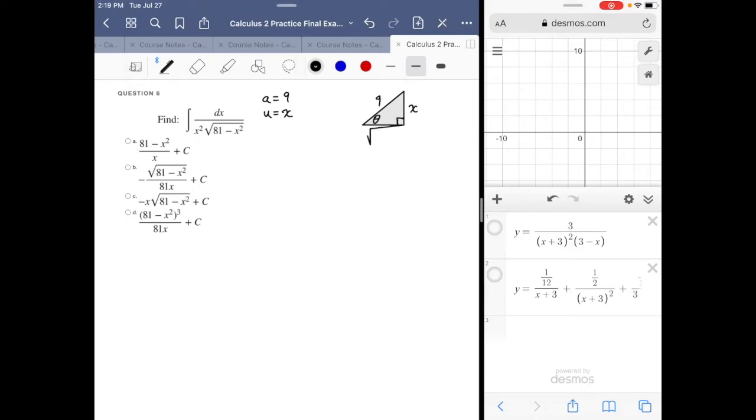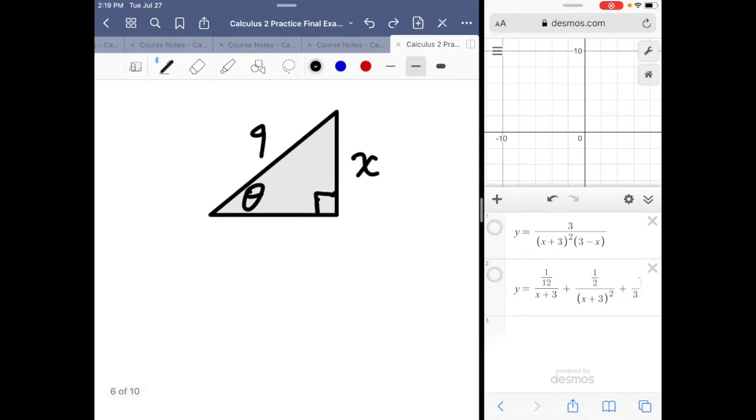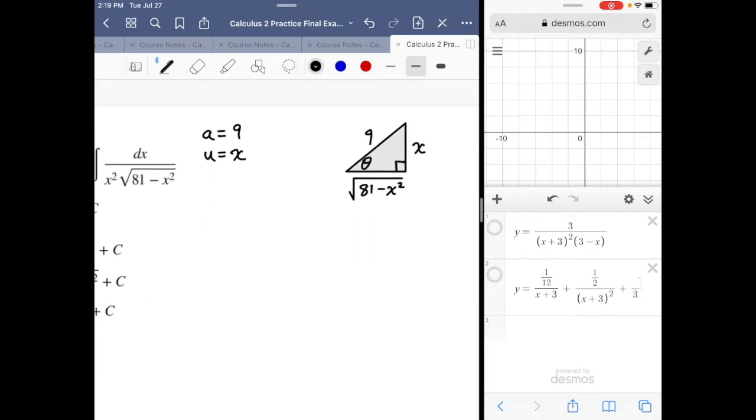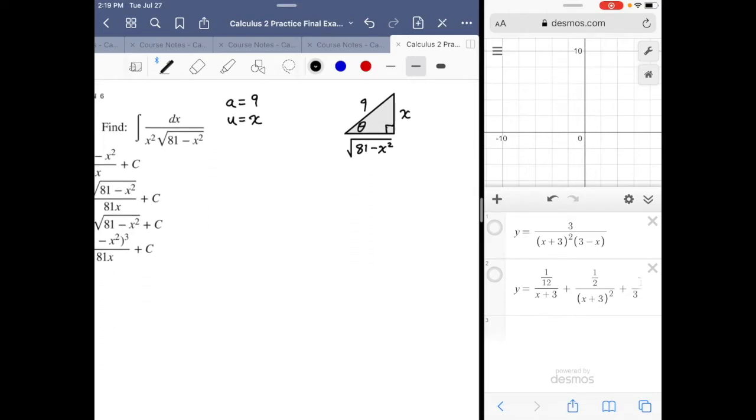We're going to have the 81. Come on, lock in. It's not locking in. All right, let me zoom in. 81 minus x squared. All right, so sine of theta is equal to x over 9.